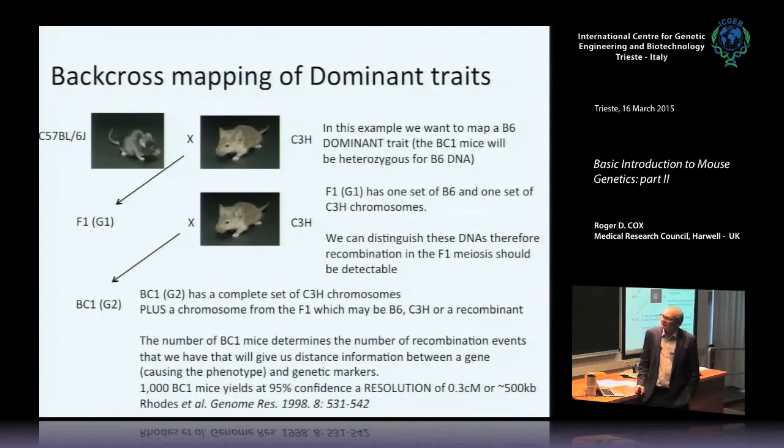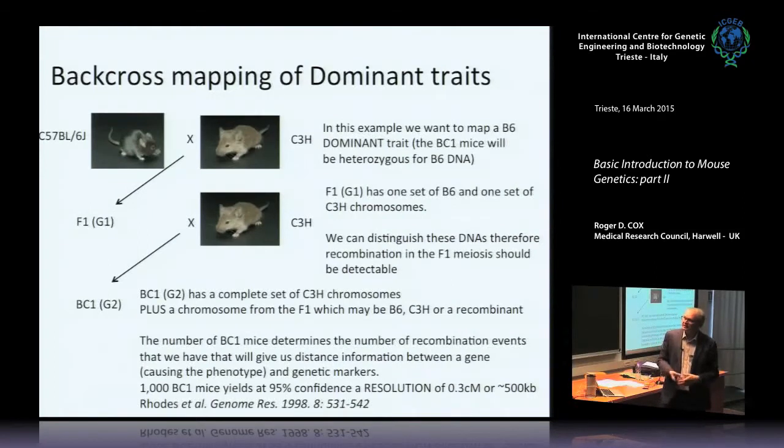So back-cross mapping. If, for example, we want to map a dominant trait, and say our black 6J mice have got a trait that we're interested in. We don't have to know if it's dominant at this stage, but we cross it to a different strain of mouse, C3H, and we generate an F1.